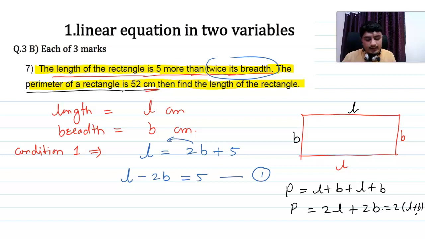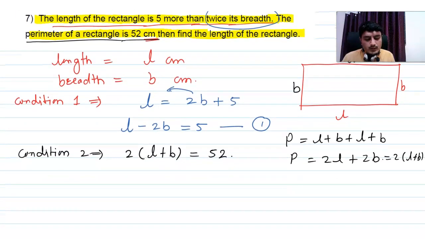So, writing the second condition first: the perimeter of a rectangle is given by 2 times (length plus breadth), which equals 52, as given. Now shifting this 2 from LHS to RHS, we get L plus B equals 52 divided by 2.